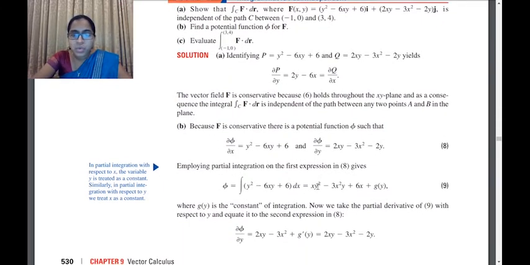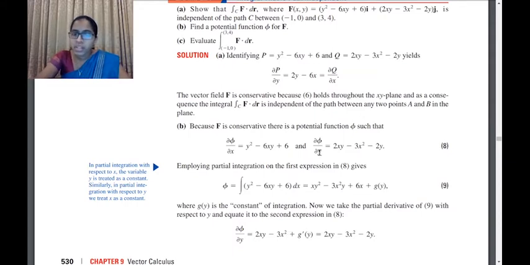With respect to y, keeping x as a constant, that is 2xy − 3x², and 6x is a constant, so this differentiation will become 0, plus g'(y). Now we don't know what g(y) is. It can have terms containing y or x, whatever. So the differentiation of g(y) will be g'(y). So ∂φ/∂y is 2xy − 3x² + g'(y).